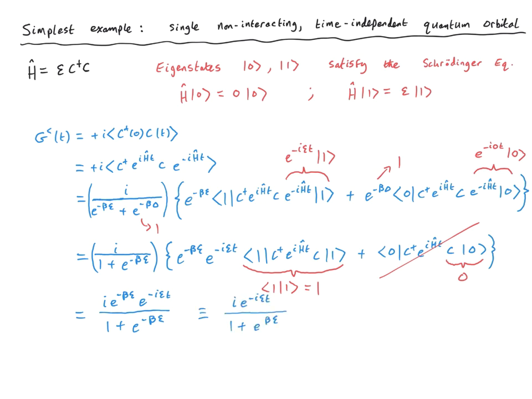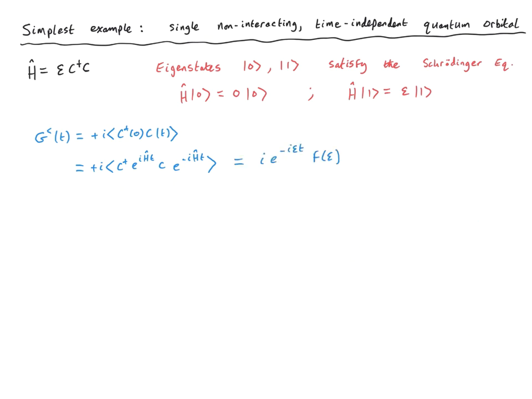If I then multiply this expression top and bottom by e to the plus beta epsilon, then I get this slightly simplified form. Furthermore, this can be expressed in terms of the Fermi-Dirac distribution f of epsilon, defined in the usual way as 1 over 1 plus e to the minus beta epsilon. As we know, the Fermi-Dirac distribution controls the thermal occupation of the orbital, and we see it here entering in the G-lesser Green's function.